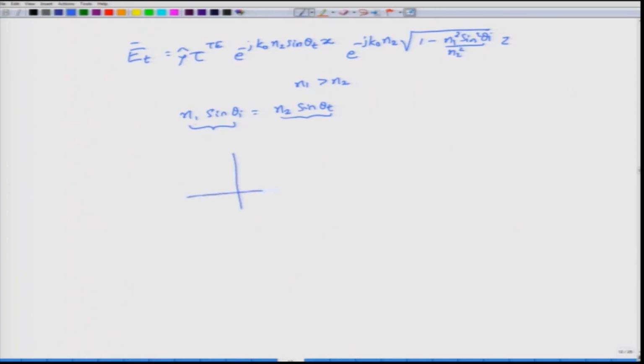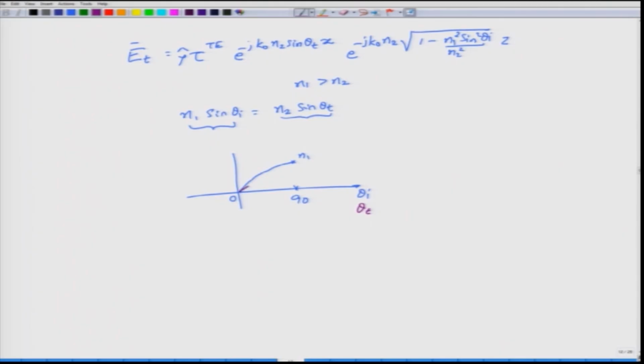If you go from 0 to 90 degrees and plot this n_1 sin theta_I, it would look something like this, reaching a maximum of n_1, as theta_I is increased, and theta_t would also be changing to keep pace with this expression, because these two expressions have to be equal for all values of theta_I and theta_t. So, depending on theta_I, theta_t increases faster, because it is the one which has a smaller value of n_2 to compensate for the larger value of n_1 here, and at some point, it just cannot.